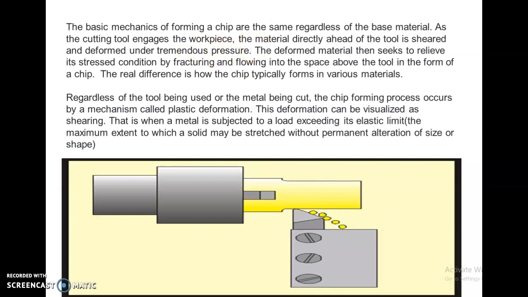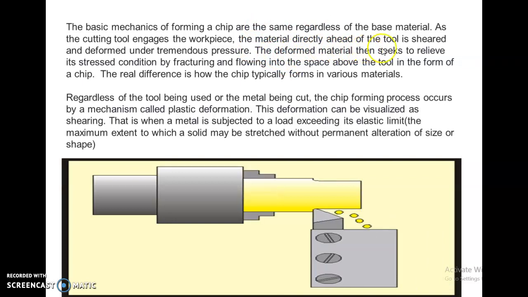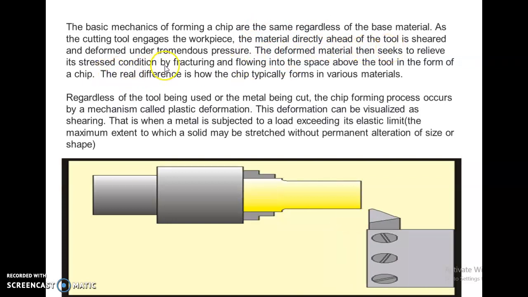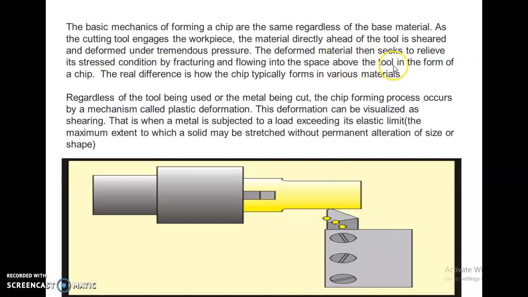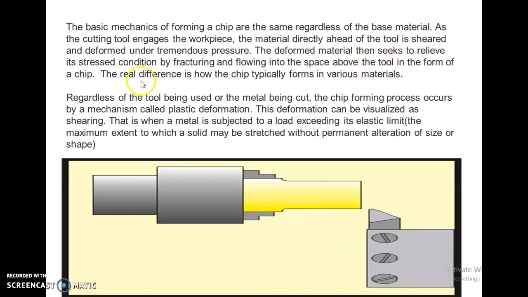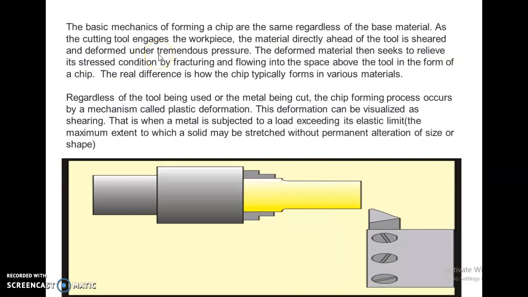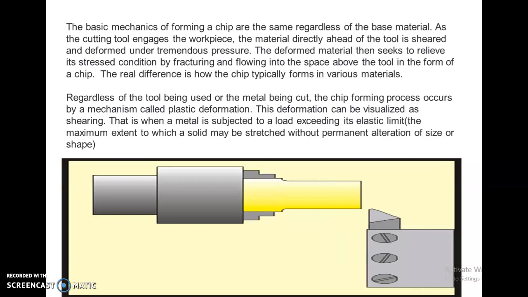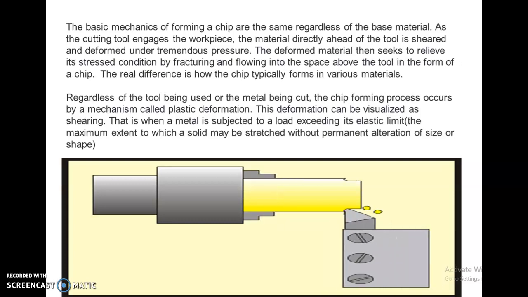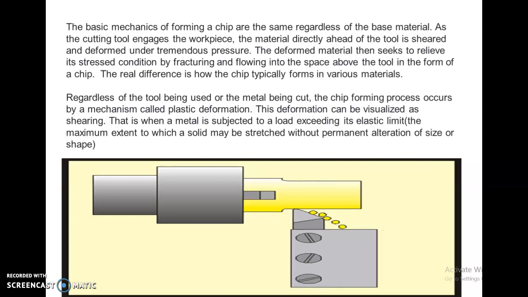The deformed material then seeks to relieve its stressed condition by fracturing and flowing into the space above the tool in the form of a chip. Okay, when it is relieving the stress, it flows out in the form of a chip.